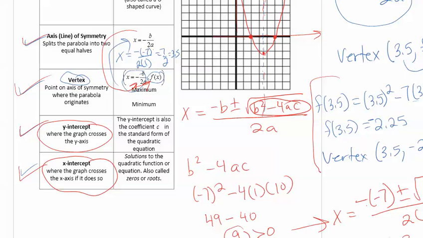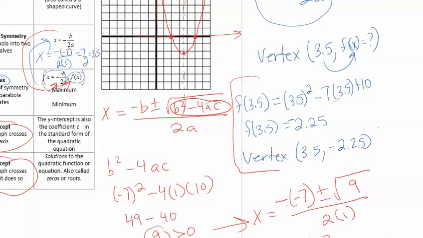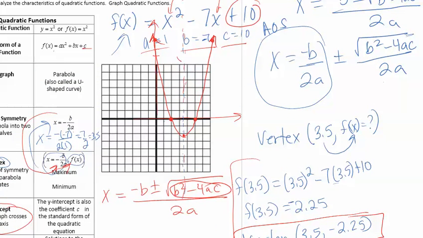You can go back and see that over here if you had questions, so that we could find the point value of our vertex. Remember that a vertex is a point, so it's never just x equals something, right? Our axis of symmetry was the line x equals 3.5, but the vertex was the point 3.5 comma negative 2.25. Okay, so the vertex is a point.